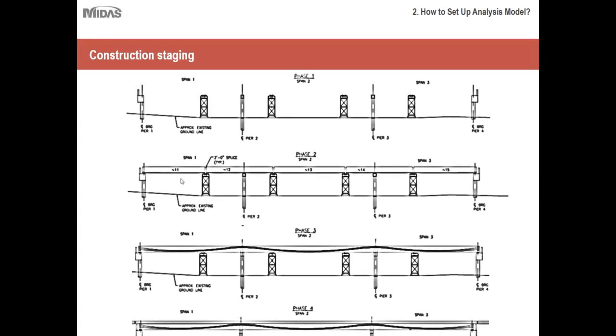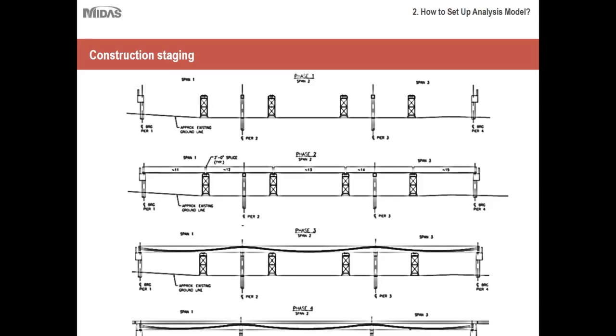Then you place your segments 1, 2, 3, 4, 5 like this, and then you place the splice member and do the post tensioning, and then remove the formwork, which is a standard practice.